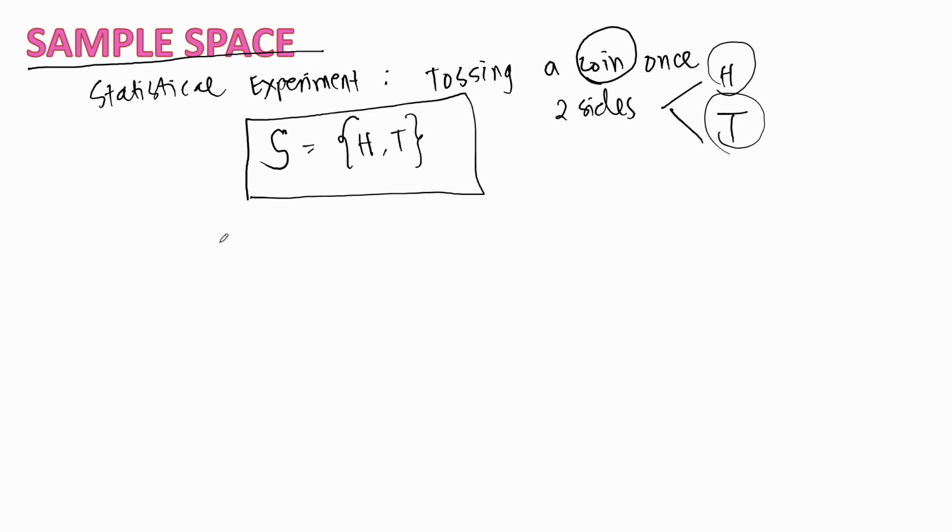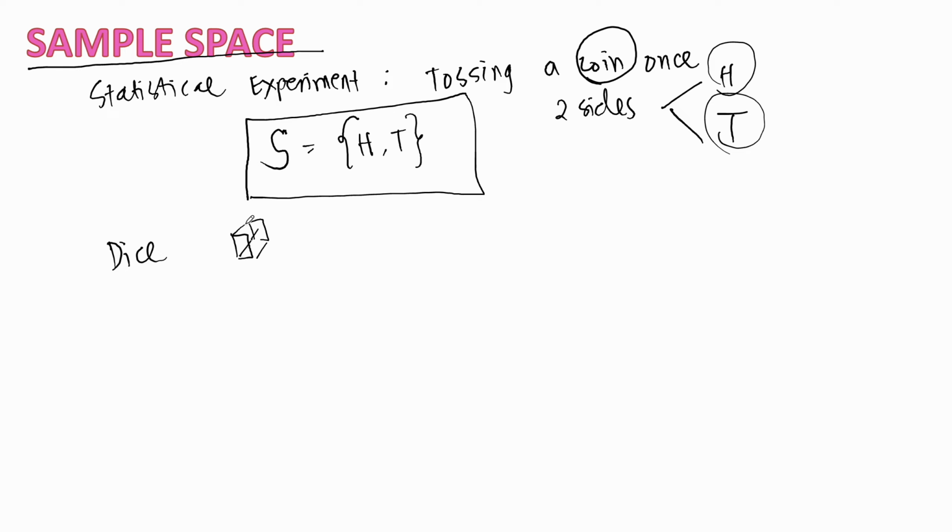So, another experiment na pwede nating i-example sa statistical experiment is your dice. Ang dice, dalawang cube yan, kasi pag isa lang yan, die lang ang tawag doon.